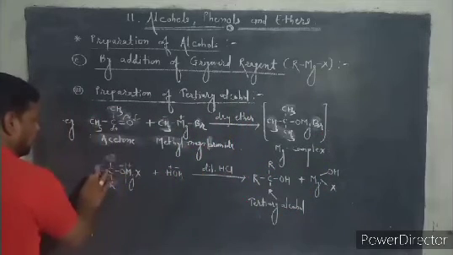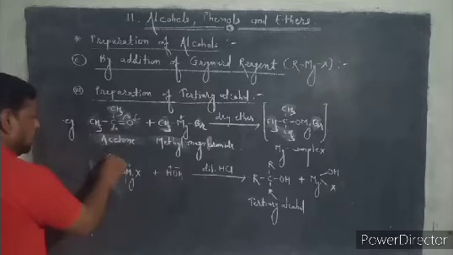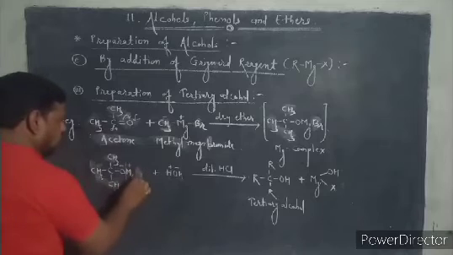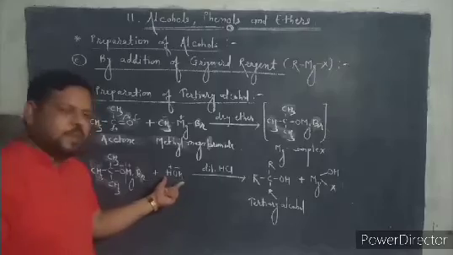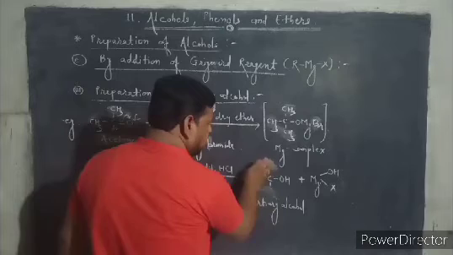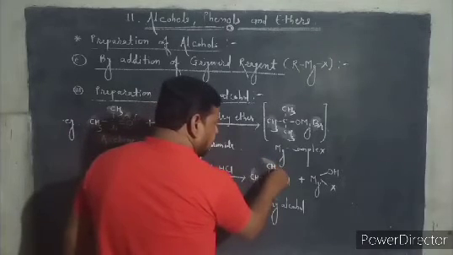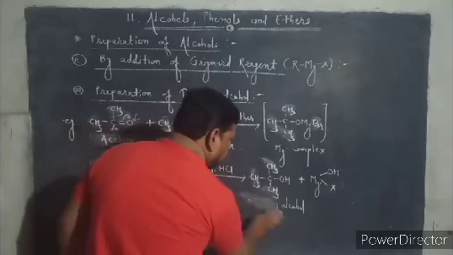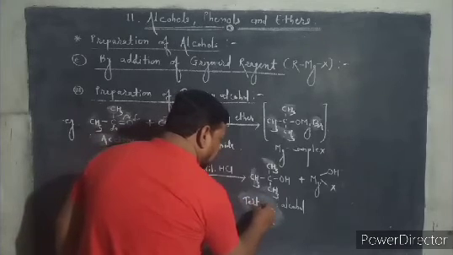Then this magnesium complex, (CH3)3COMgBr, is hydrolyzed by dilute HCl, and it gives a product that is (CH3)3COH, and the name of this compound is tertiary butyl alcohol.